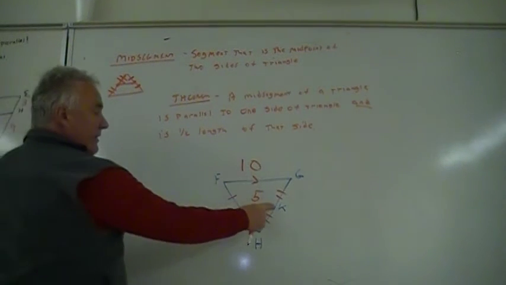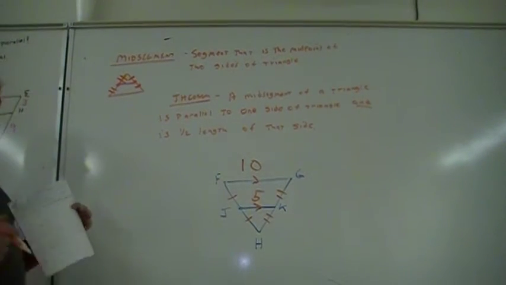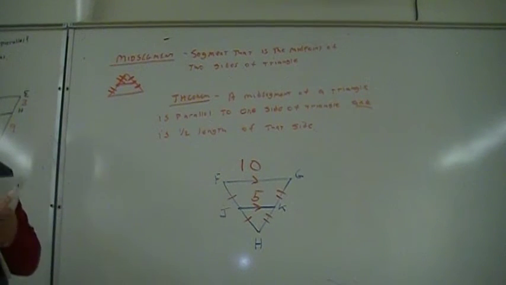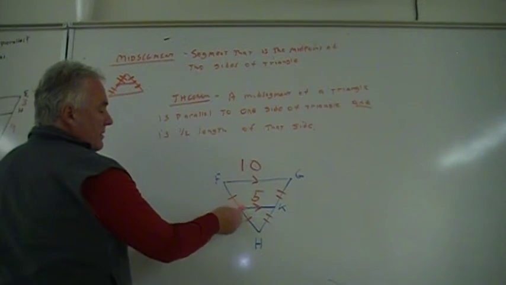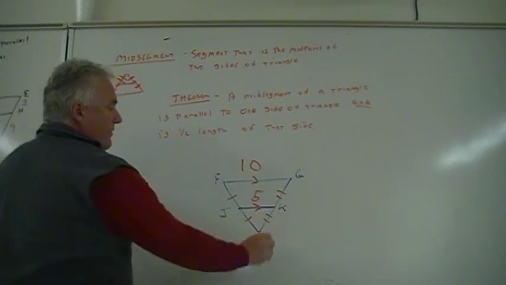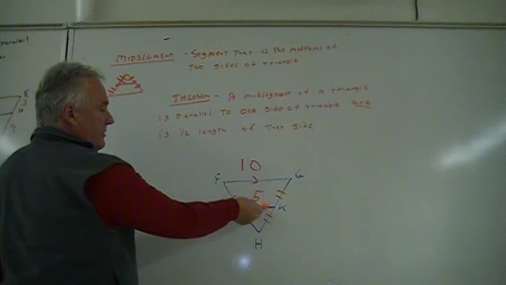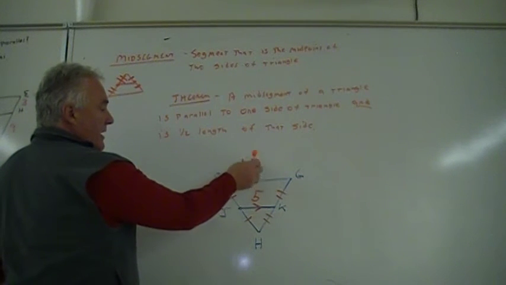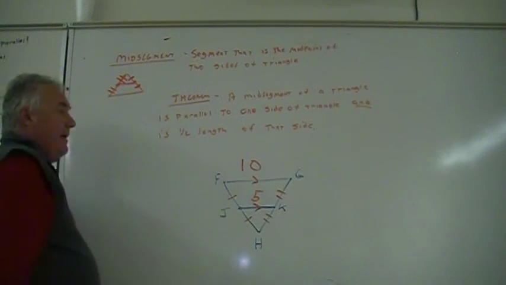So this length is going to be half of this length. Okay? So there's two special things that are happening with a mid-segment. It creates congruent segments of the other two sides, and it's parallel to the third side. And it's half the length. So whatever this length is, this is half of that.